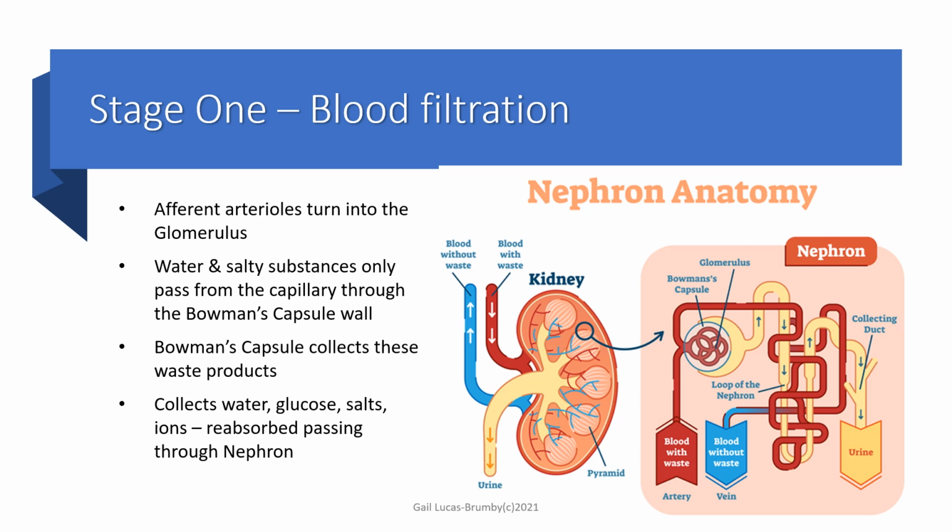The Bowman's capsule then collects these waste products, the salts and the excess water, and passes it down through the nephron. Now, at this moment in time, this filtrate, as it's called, is water, glucose, salts, ions, all sorts of different electrolytes that we need in our body, but sometimes we have too much. And this is the job of the nephron within the kidney, to filter the blood and take out any excess water, glucose, salts, ions that we have in the body, to get rid of them.